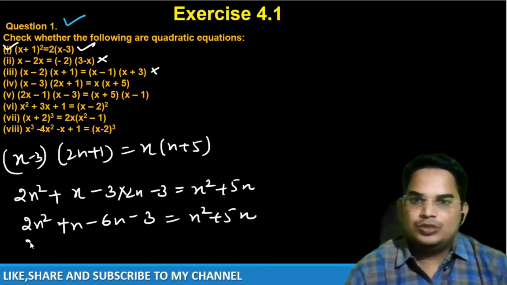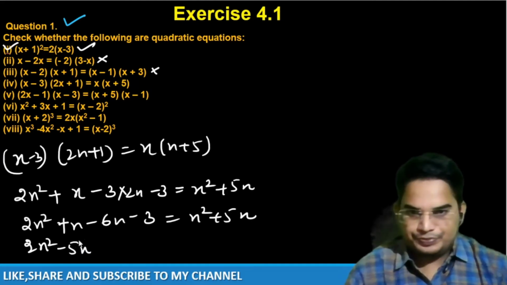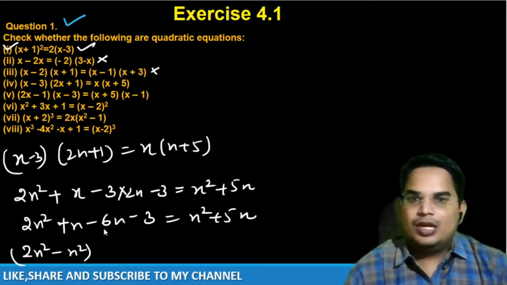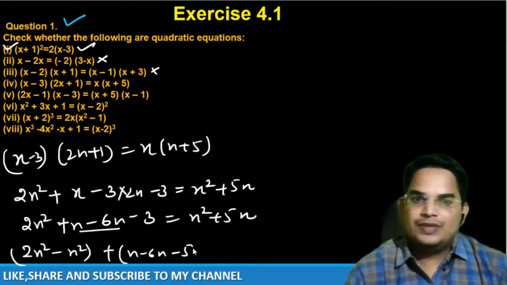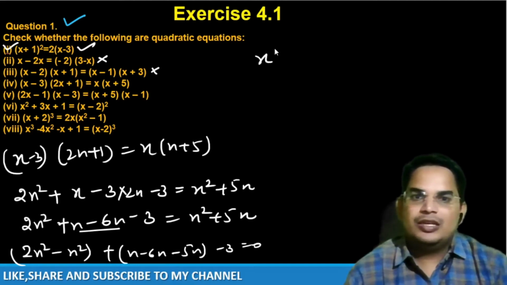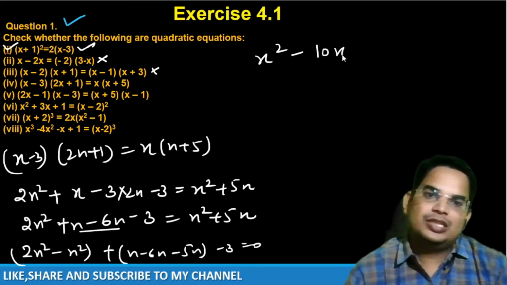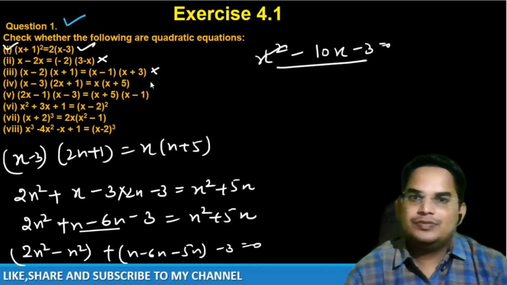Transfer all the terms to this side. It becomes 2x square minus x square, plus x minus 6x minus 5x, and minus 3 is equal to 0. So you will get x square minus 10x minus 3 is equal to 0. Again, this is a quadratic equation, so you will say yes, this is also a quadratic equation.